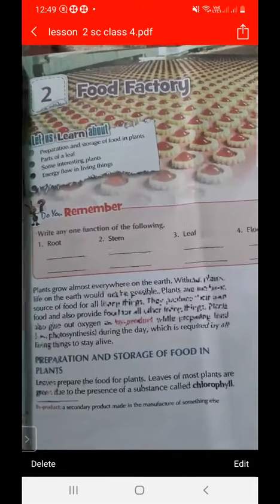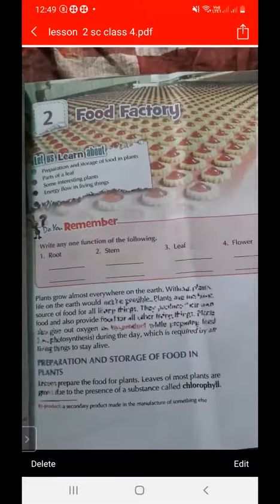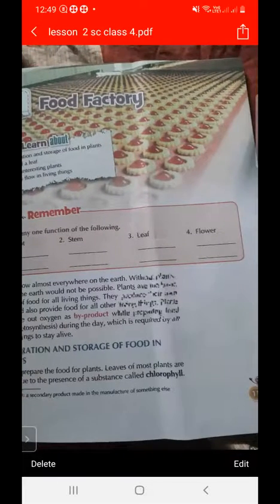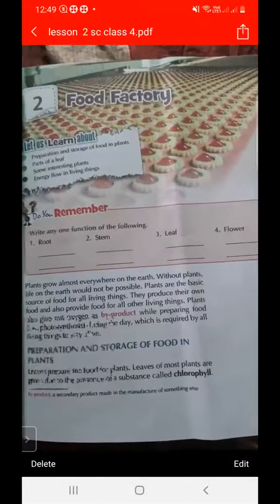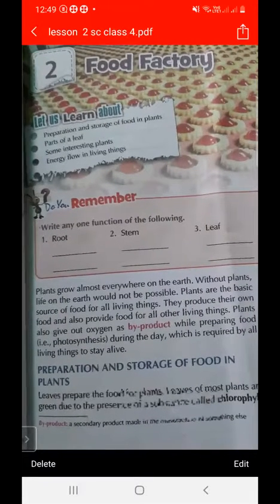Next, do you remember? Write any one function of the following. As we know, in the parts of a plant, we have root, stem, leaf, and flower. Firstly, what is the function of root, stem, leaf, and flower? What is the function of root?